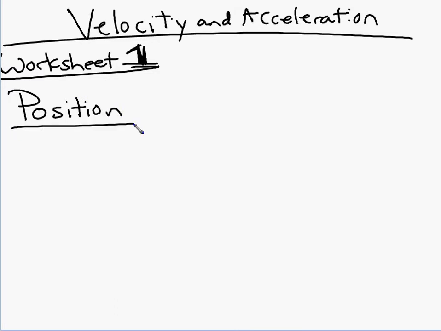When we talk about position, it is usually denoted with the function label s of t or sometimes x of t. That's usually what the position function is labeled as.